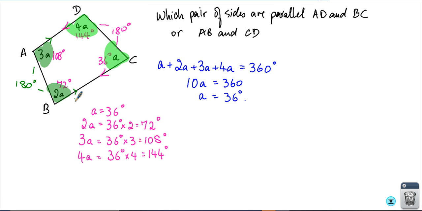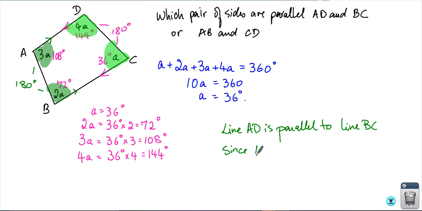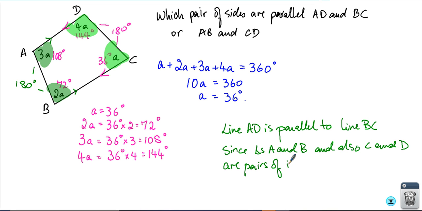So I can say that line AD is parallel to line BC, since angles A and B, and also C and D are pairs of interior angles.